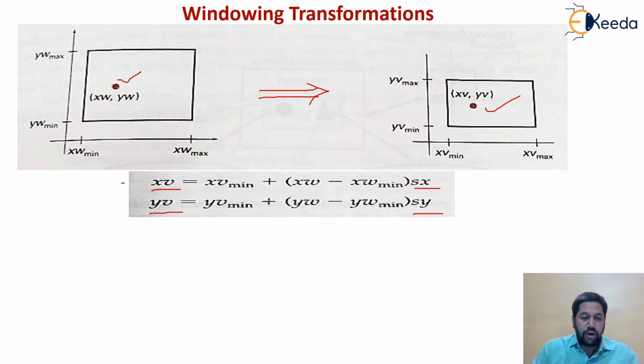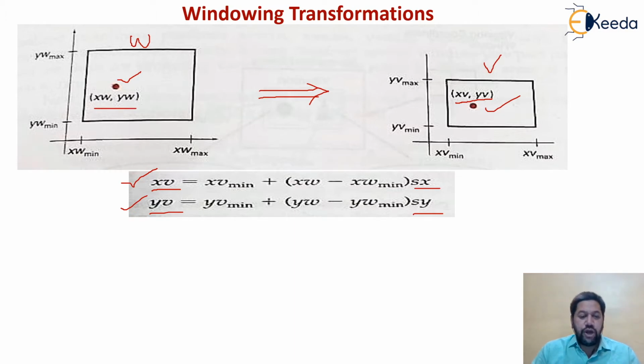This is our formula for the mapping of the point xw comma yw to the viewport point xv comma yv. This is my window, and this is my viewport.